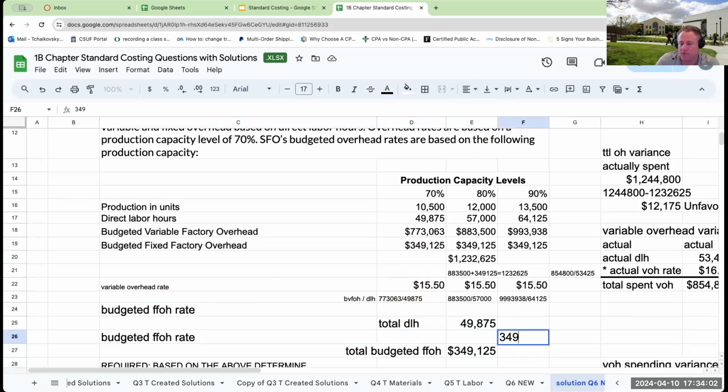Well, it's got to be 349,125 divided by 49,875, or $7 per direct labor hour.